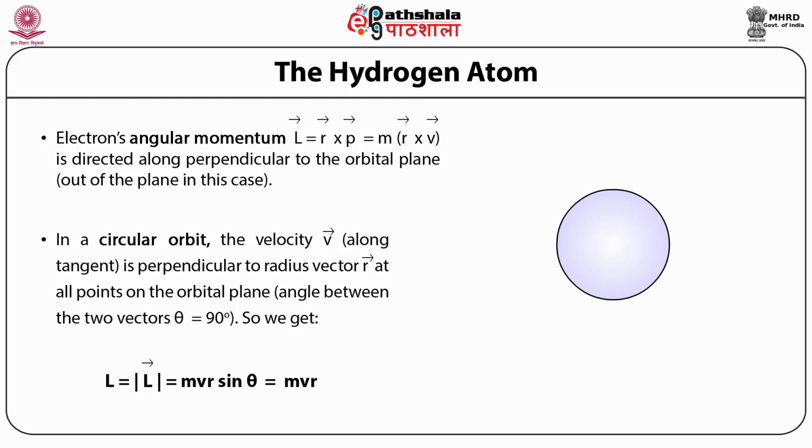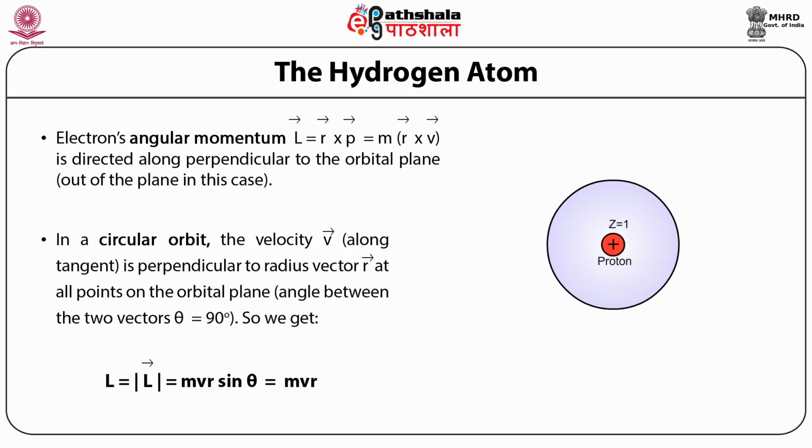That is, in a circular atom, the velocity of the electron at any point is always perpendicular to the radius vector. This is the characteristic of motion of a particle in a circle, and therefore, as we have seen in the last line, it is m v r sin theta, the magnitude of the angular momentum.